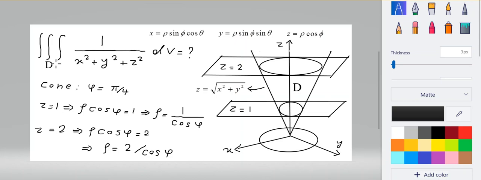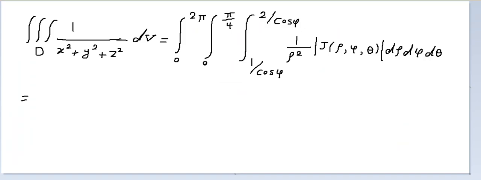It means for the new integral, G must be described using rho phi theta. You can see here, this is for rho, this is for phi, and this is for theta. These are actually the description of region G in three-dimensional space, rho phi theta.